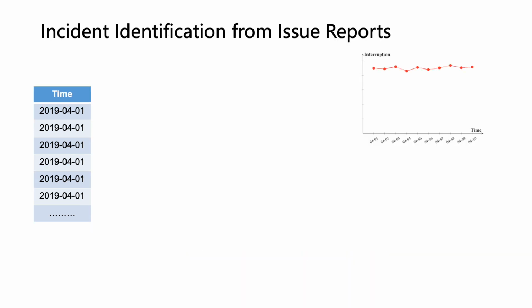Now, I use an example to demonstrate how to identify incidents from issue reports. At the top level, if we aggregate all anomalous behaviors with respect to each day, we get the corresponding time series. We cannot find any incident from this figure, since the curve is rarely flat from April the 1st to April the 10th.